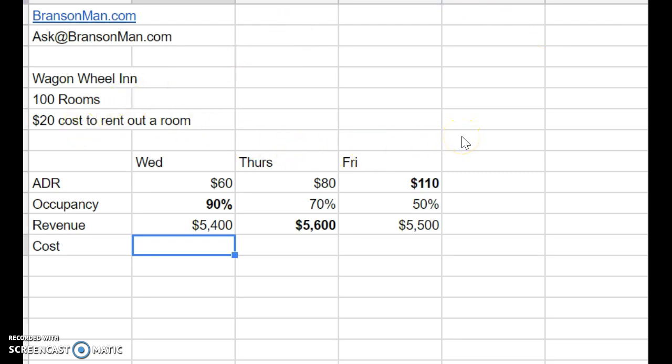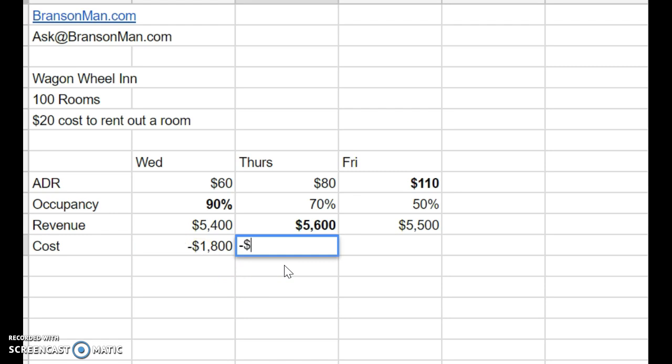When you take 90 rooms times $20, 9 times 2 is 18. 90 times 20 is 1,800. Now the cost is a negative word, and it is not necessarily correct to put a negative cost, but I just want you to see that we're taking it out there.